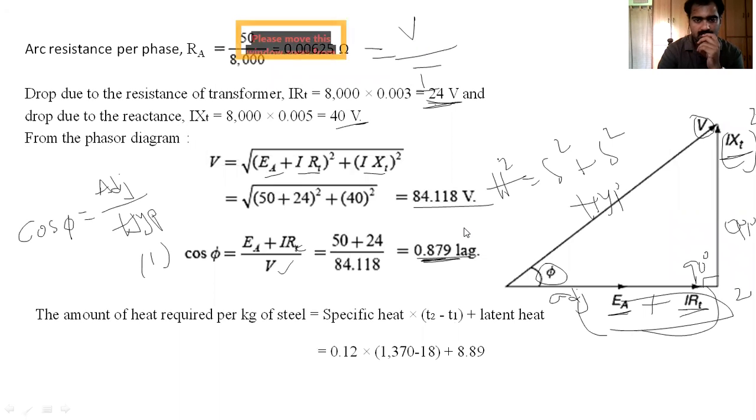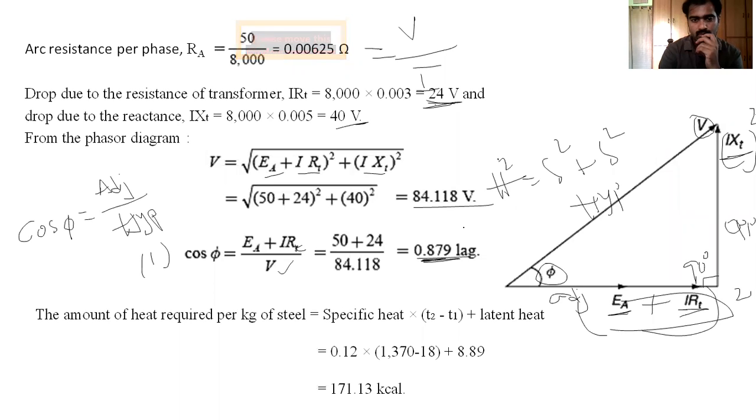171.13, right? Let us check the answer. Yes, 171.13 kilocalories. Here we have just calculated the amount of heat required to melt the steel per kg.